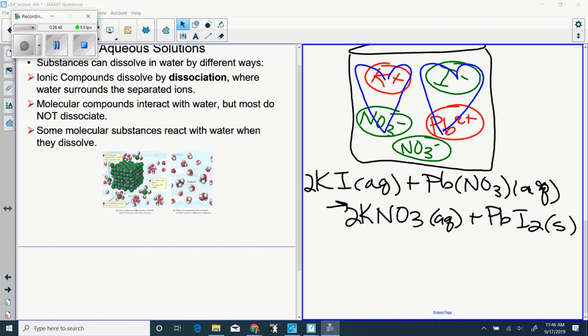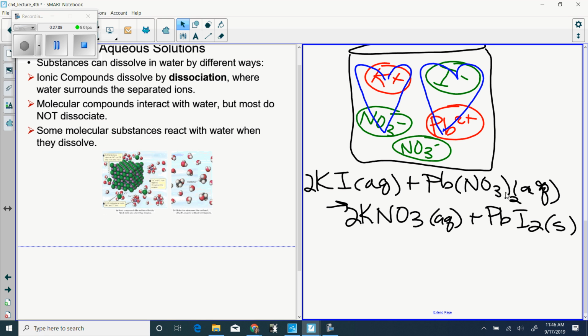Don't forget to redo your ratios. There's got to be a ratio of 2 nitrates to 1 lead, but the ratio from potassium to nitrate, K to NO3, is just 1 to 1. They're both +1 -1. So make sure you have a +2 -1 that you bring down that 2.